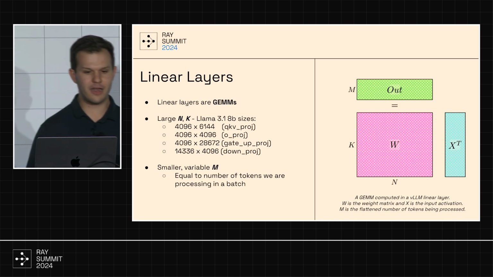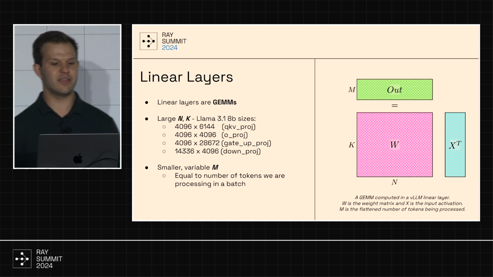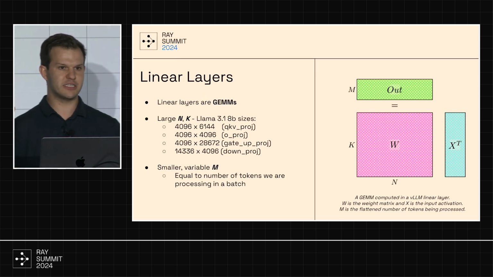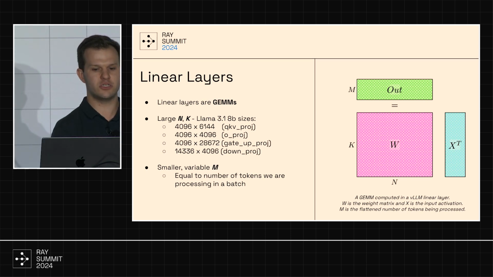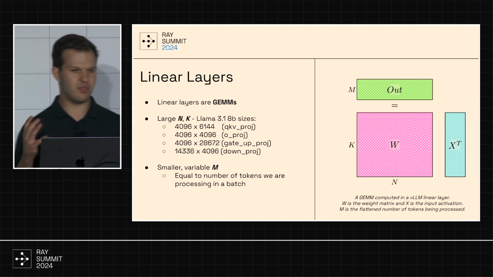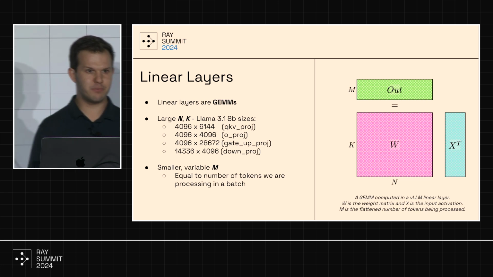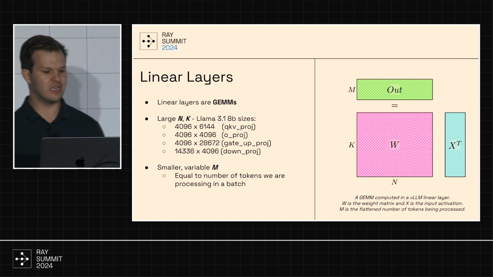When we look at a large language model, the N and K variables are very, very large. We have massive weight matrices that we need to load into the SRAM and multiply by the activations, and these are fixed.